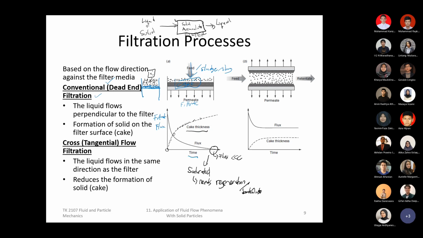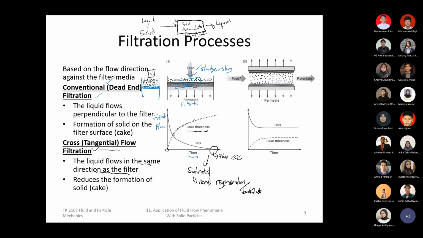Now check the difference with the second type, tangential flow filtration. Over here, the liquid flows in the same direction as the filter. That's the big difference. So it's not perpendicular, and it's actually able to reduce the formation of the cake.